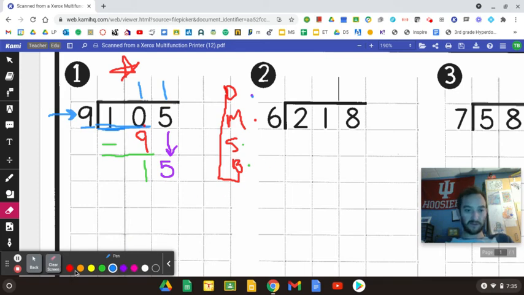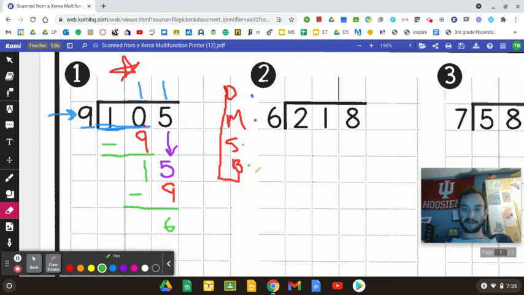I got red for multiply. 1 times 9 is 9. And then we're ready to subtract. 15 minus 9 is 6.